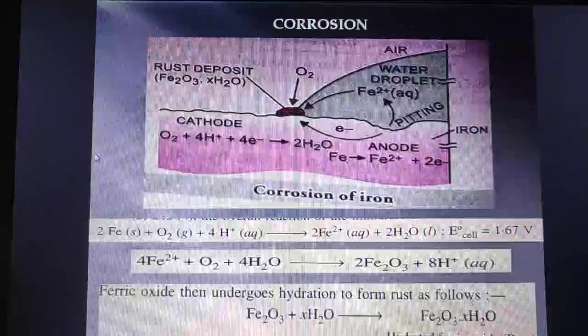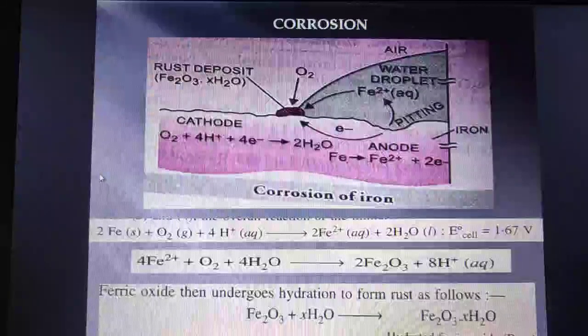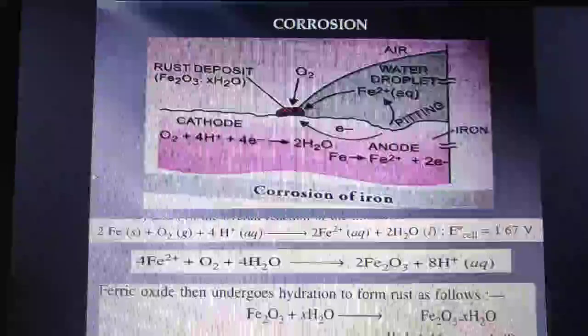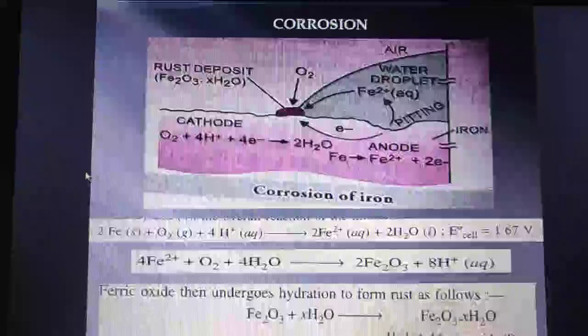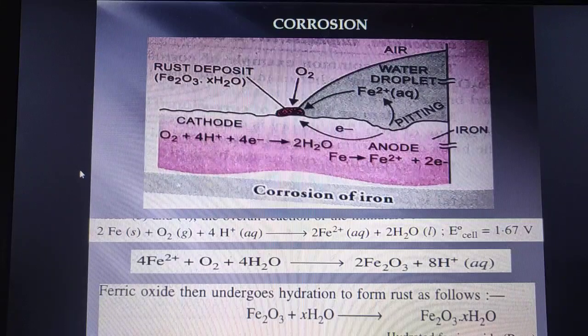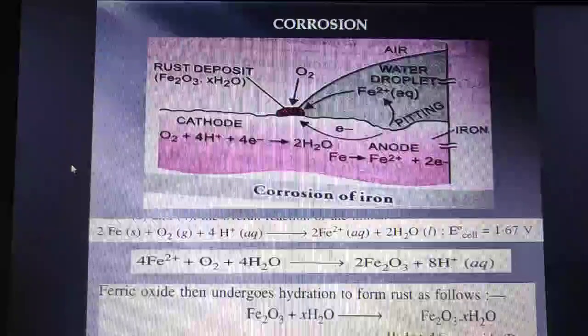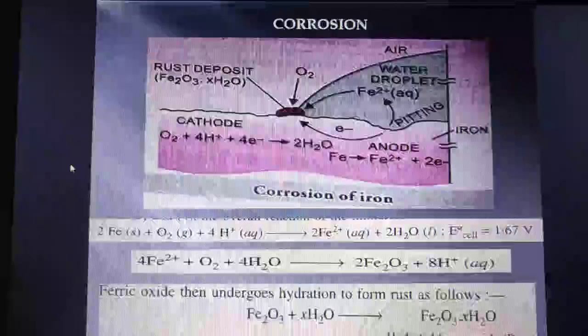For example, when iron is coated with an active metal like zinc, the process is known as galvanization. Zinc combines with air to form zinc carbonate, and a protective, invisible thin layer of zinc carbonate and zinc hydroxide is formed, which protects the iron sheets from further corrosion.